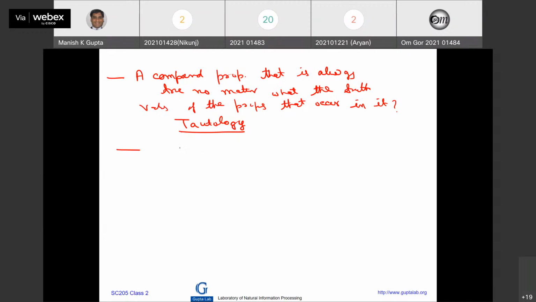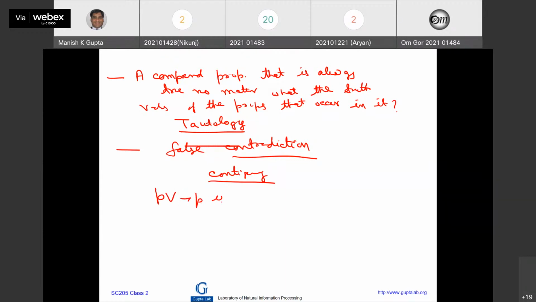Similarly, a compound proposition that is always false is known as a contradiction. And which is neither contradiction nor tautology is known as contingency. So now example: P join negation of P is a tautology. P meet negation of P is a contradiction.